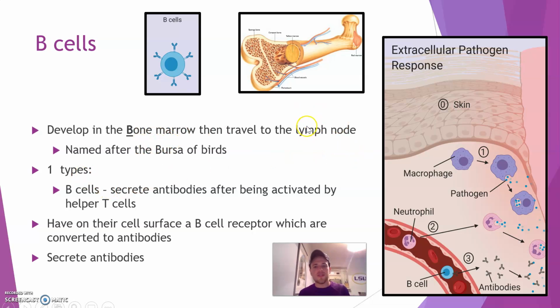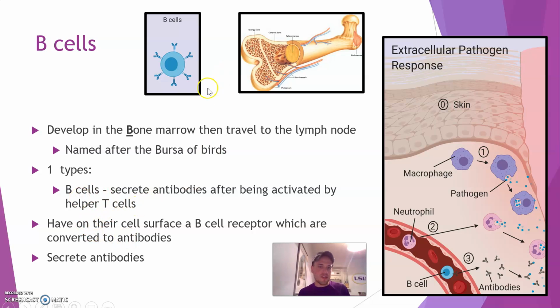But after they travel to the lymph node, there's only one type of B cell, for y'all's intents and purposes, and the role of the B cell is to secrete these molecules called antibodies. And so what happens is these helper T cells activate the B cell, which is the helper T cell role. But then once these B cells become activated, they secrete these molecules called antibodies.